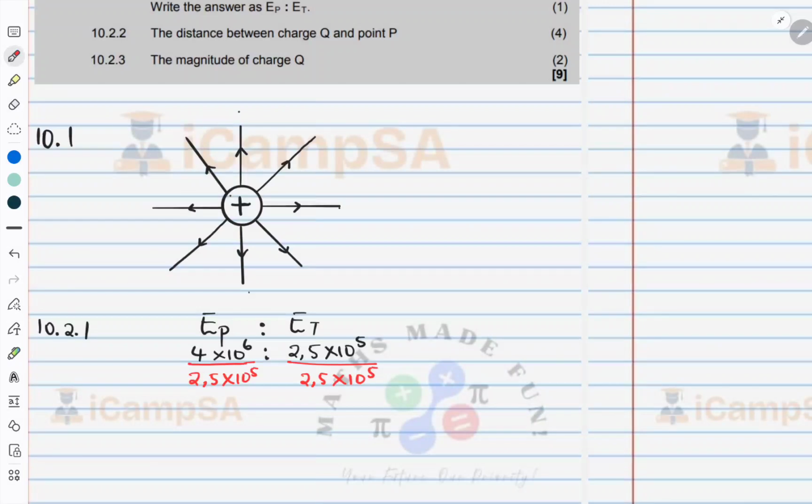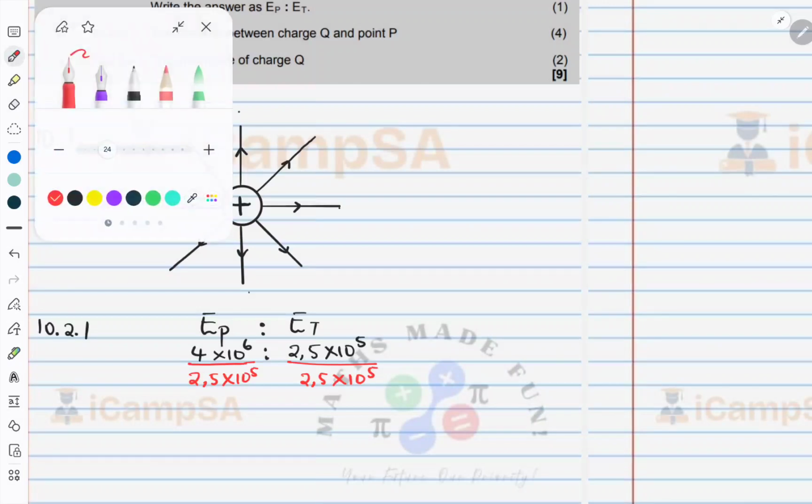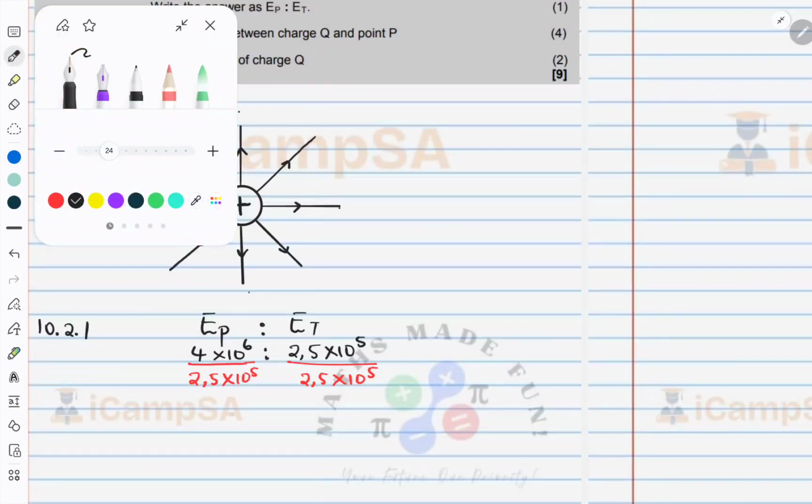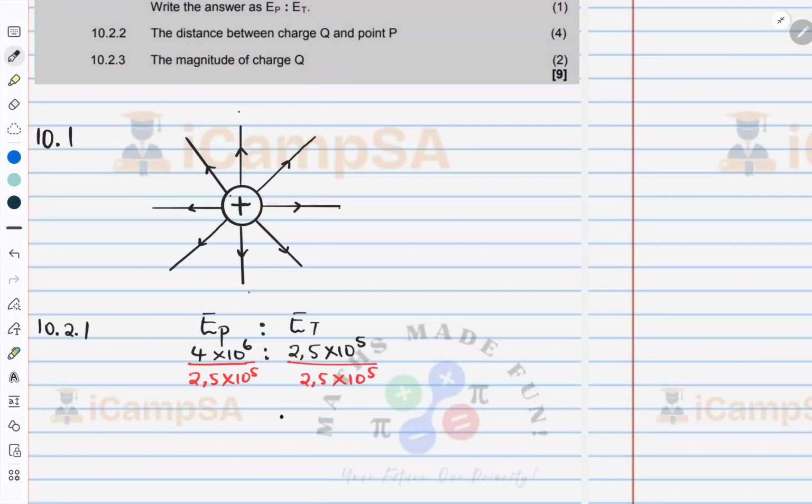And then now you want to find your ratio. The 10 to the 5 terms are the same, so they just divide. Some people say they cancel out. It's the same thing. Mathematically, it makes no sense to cancel, but much sense to just divide.